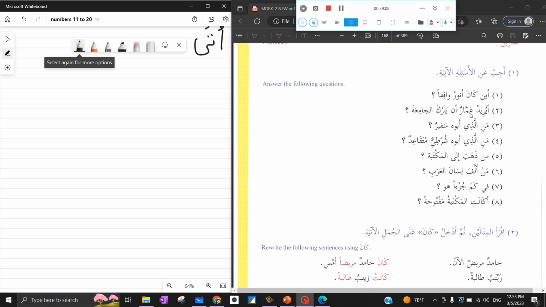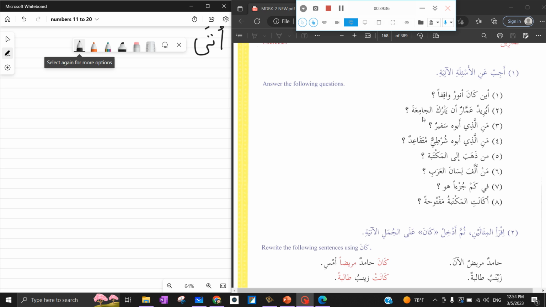Ayuridu Ammarun an yatruka al-jami'ata. So here it's a question. As you can see, there is a Hamzatul Istifham here. Did Ammar want to leave the university? So what will be your answer? Did he? No, he didn't want to leave the university. La huwa ma. Because you need to answer in the past; it's not something in the present.